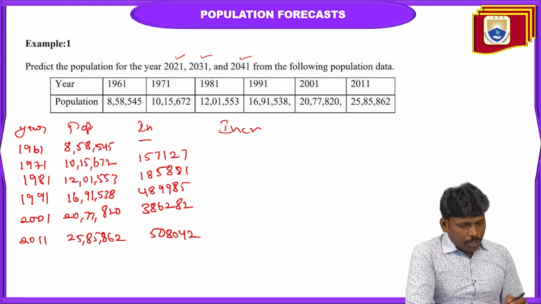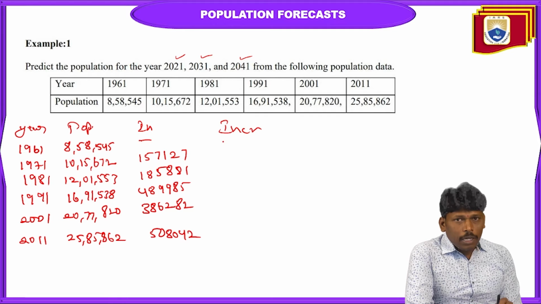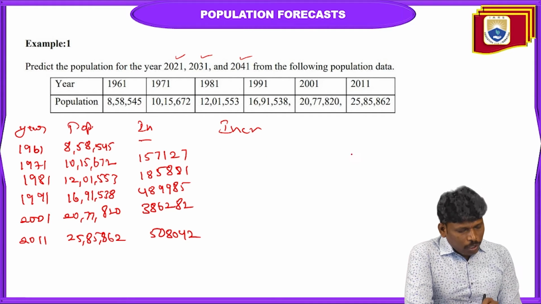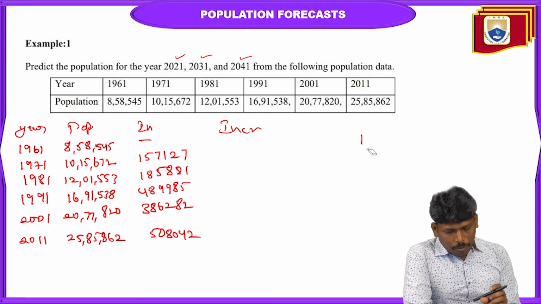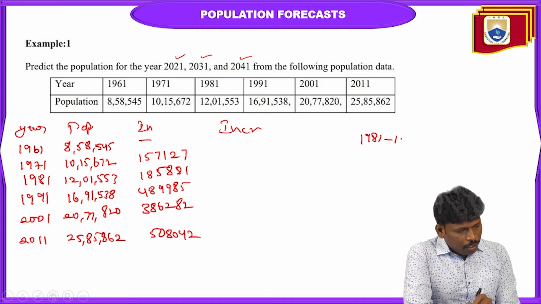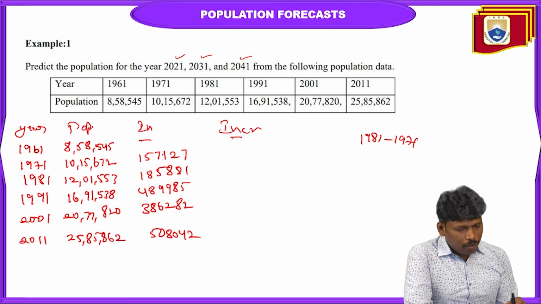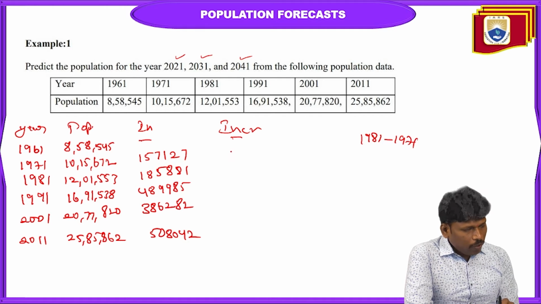So this is the increase in population. Now for the incremental increase, we need to take the population in 1981 minus the population in 1971. Here we don't have any value to identify the incremental increase between these two, and here also we don't have any value.